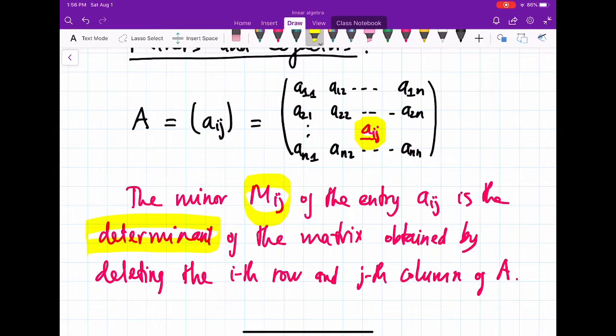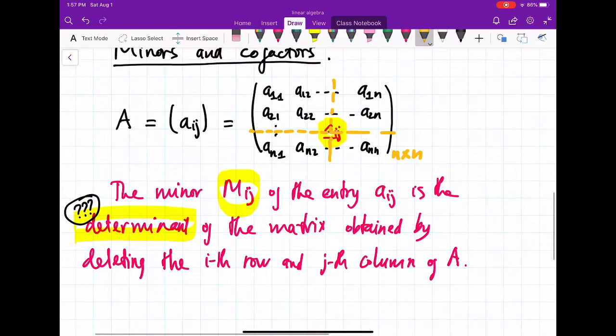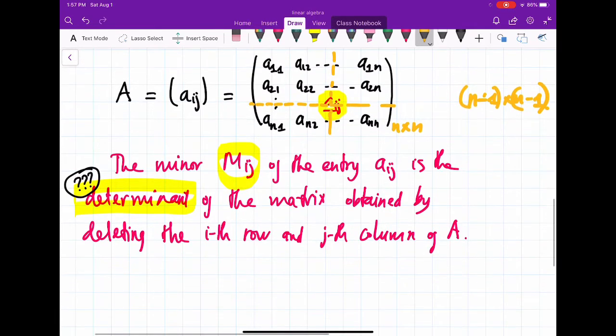That is the determinant of the matrix obtained by deleting the ith row and then the jth column. If the original is n by n, the matrix obtained by deleting the ith row and jth column would be of size n minus 1 by n minus 1, right? And then you determine the determinant of this.